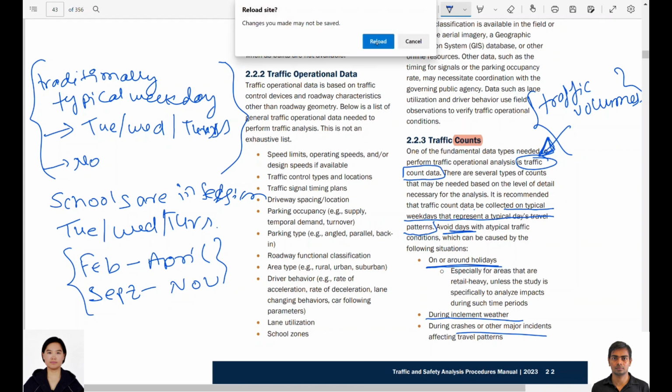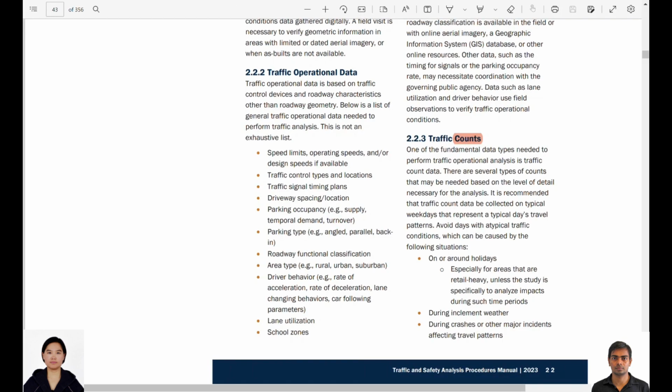However, there have been major changes in the way we traditionally approach traffic counts or traffic in general. Nowadays there is a term called trip reliability, which is becoming very important and which is mentioned in the manual. However, this guideline seems a little inconsistent with some of the further guidelines given in the TSAP manual.